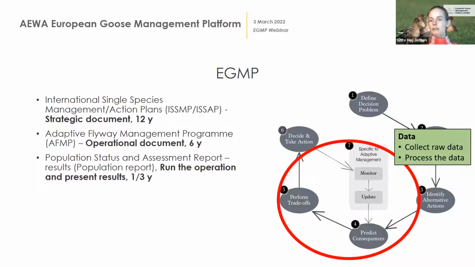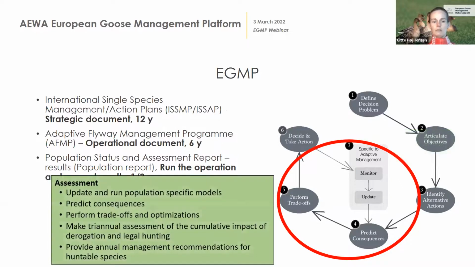Some of it may need to be processed, and then we do the annual or triannual assessments where we run the models for each population. We do the predictions of the consequences of our actions. We perform the trade-offs and optimizations. For the barnacle goose, we make an assessment of the cumulative impact of derogation and legal hunting. For those species which are huntable, we provide annual management recommendations on the hunting quotas.